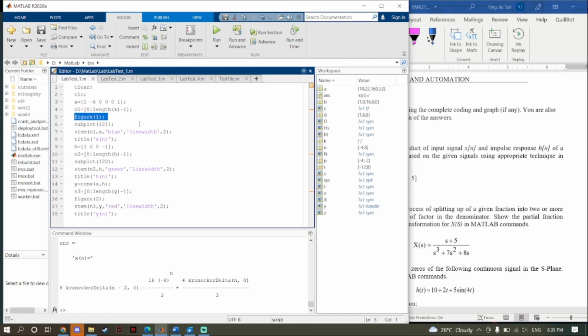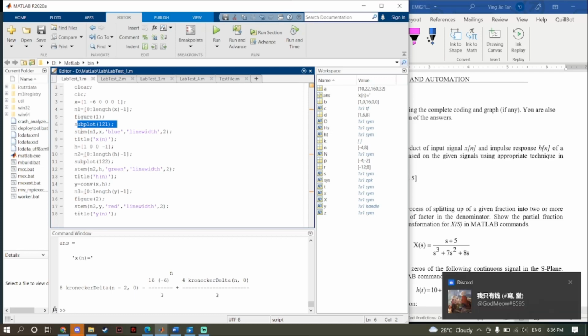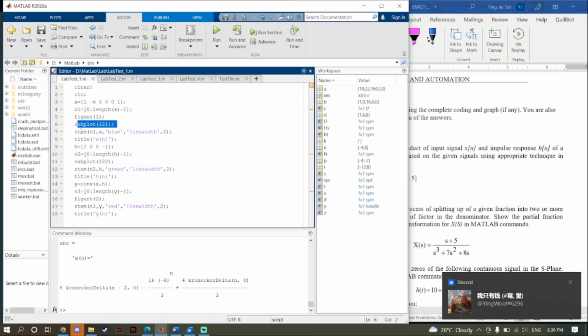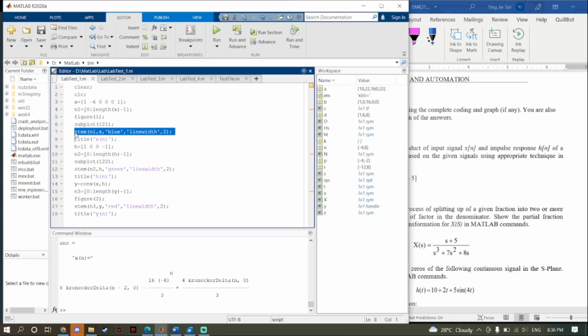How many windows are we going to have? From here, we are going to have 2 because I have figure 1 and also figure 2. Next is the subplot. Subplot is for plotting the graph, like the position of the graph. 1 by 2 means I'm going to have 2 graphs in a horizontal arrangement. And stem is for plotting the discrete time signal.